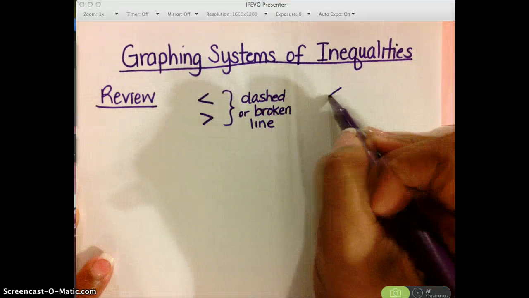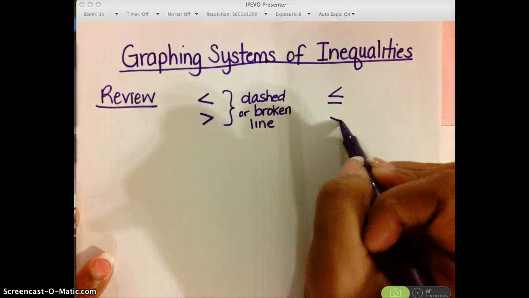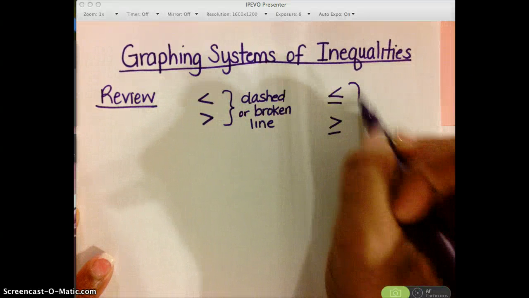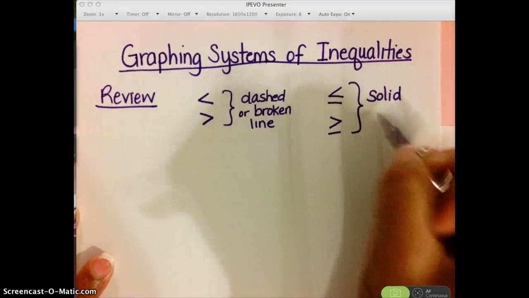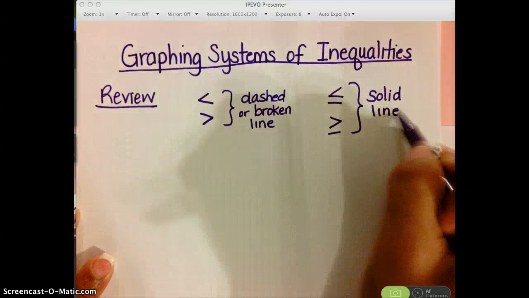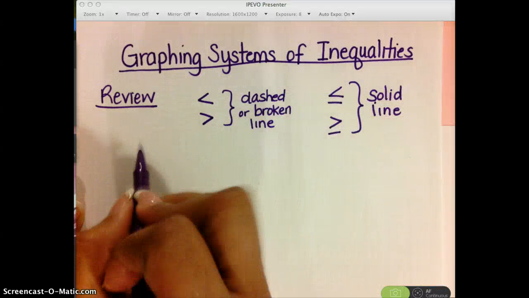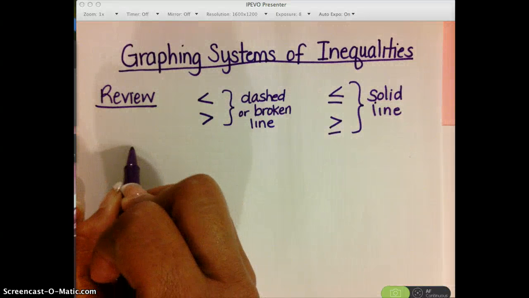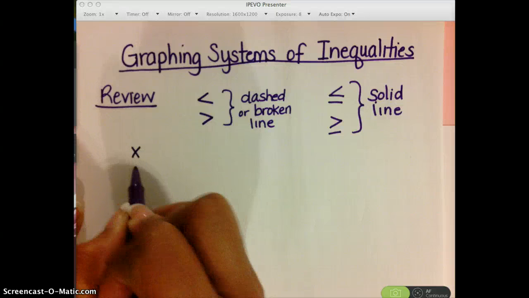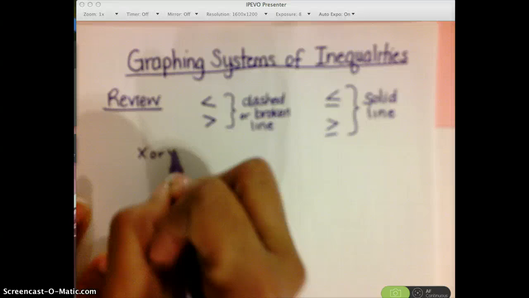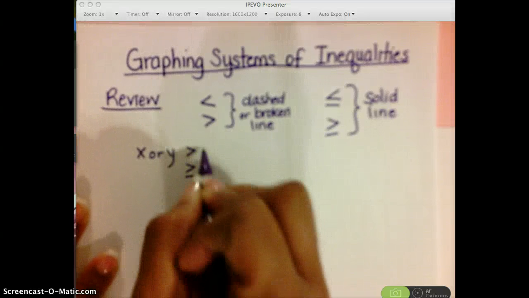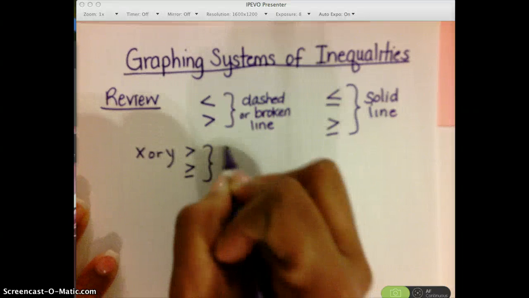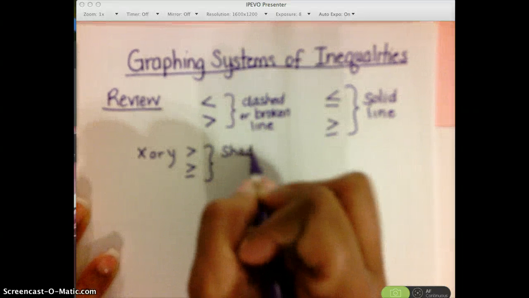If we have less than or equal to, greater than or equal to, then we have a solid line. If we have x or y is greater than or equal to, then we shade above.